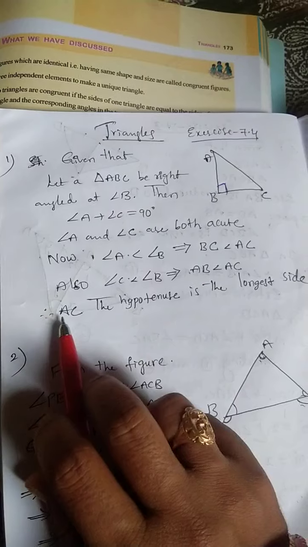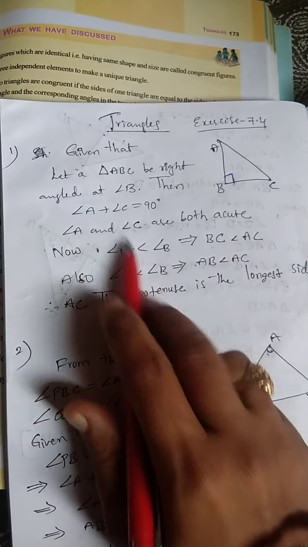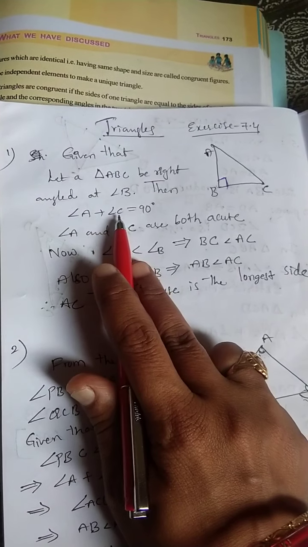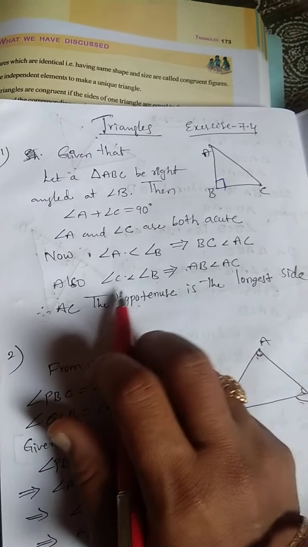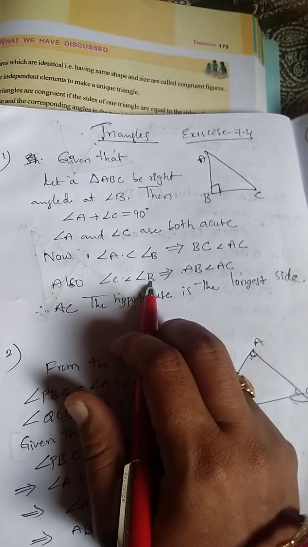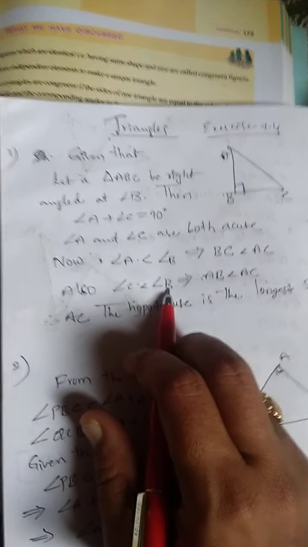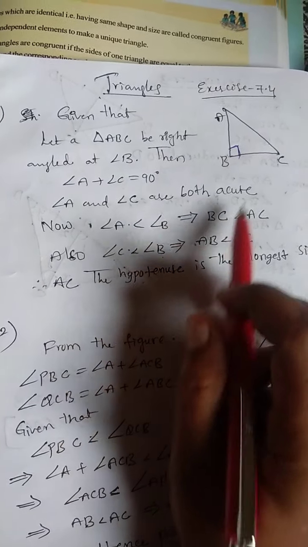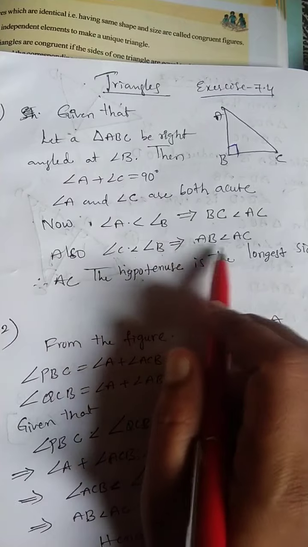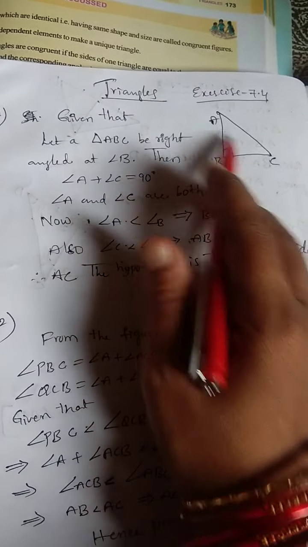Now also angle C is less than angle B. Why? Because angle C, we said, is acute. So this is 90, this is less than 90, so angle B is the greater angle. Now angle C's opposite side is AB, and angle B's opposite side is AC, so AB is less than AC.